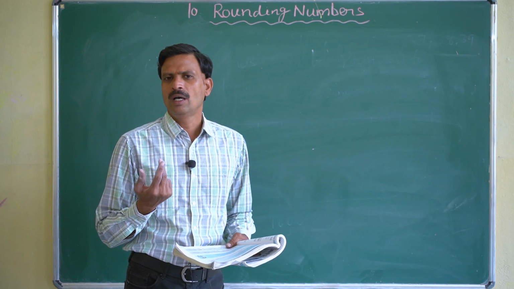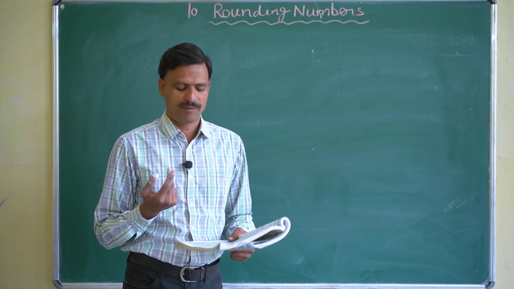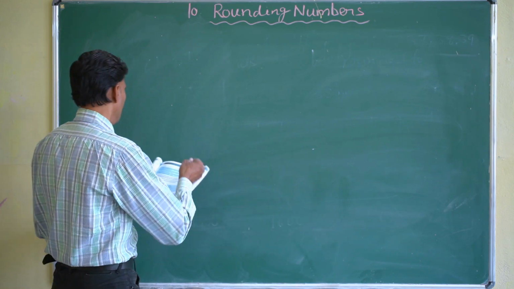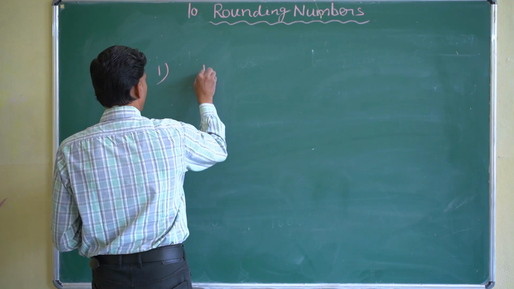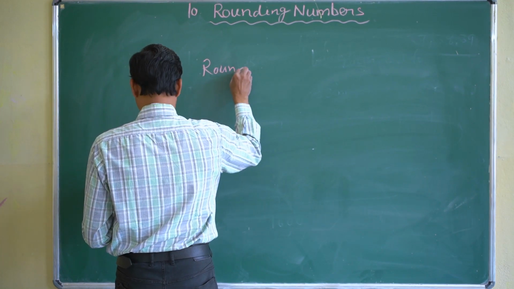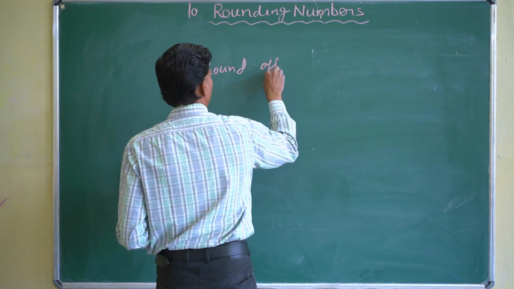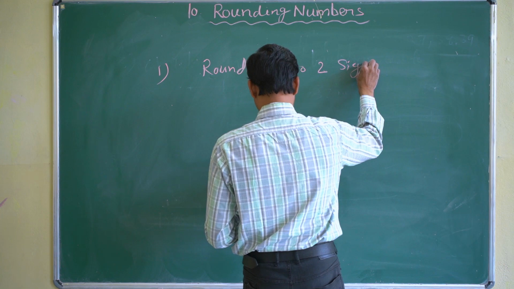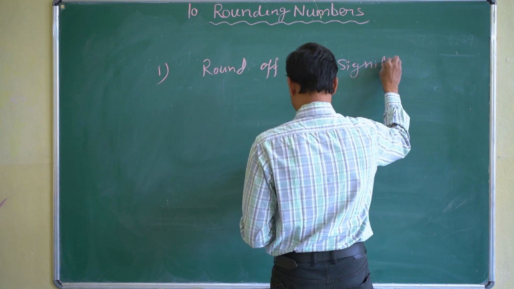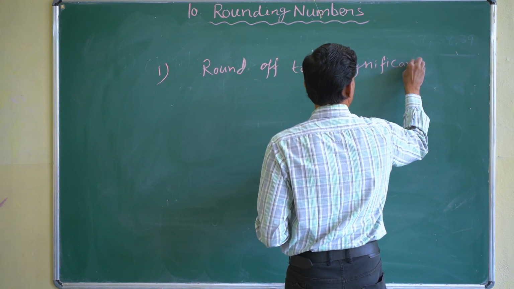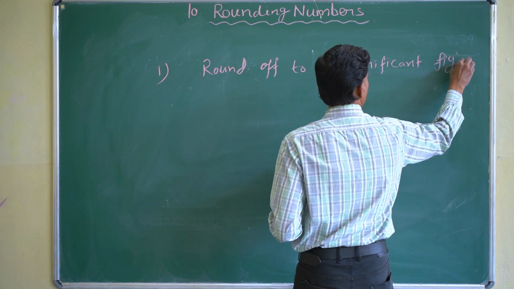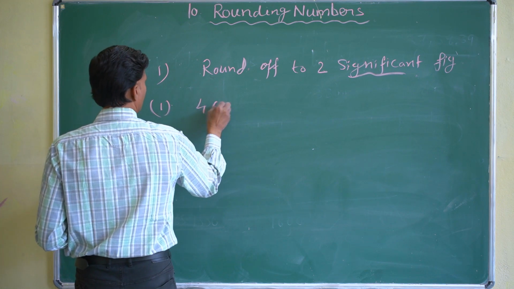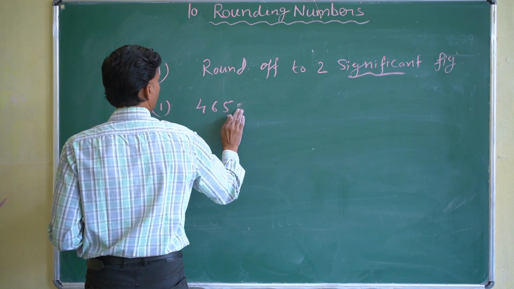If you are rounding to two significant figures, there will be two digits, the others will be 0. For example, the first question is round off to two significant figures. The first one is 4650.